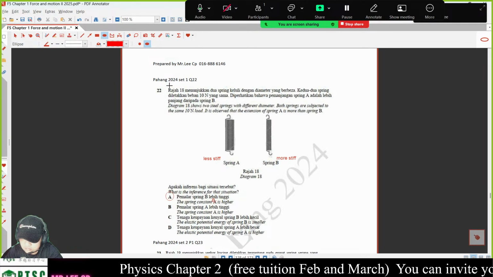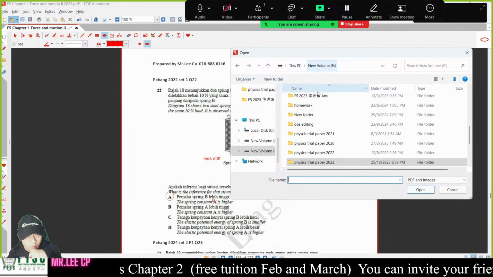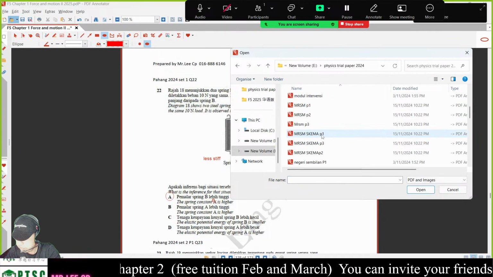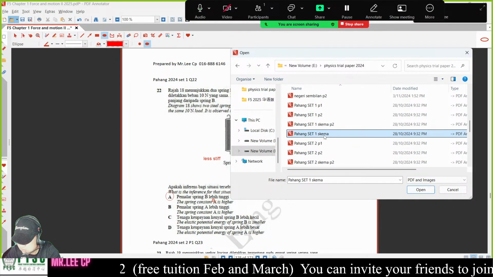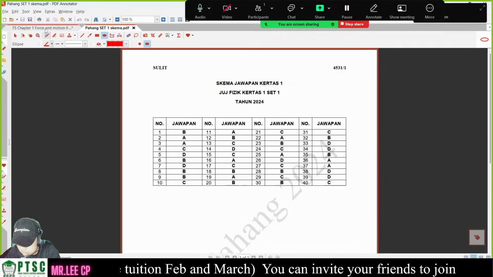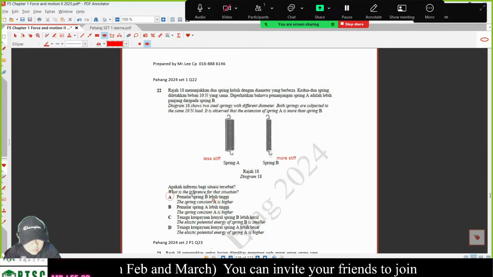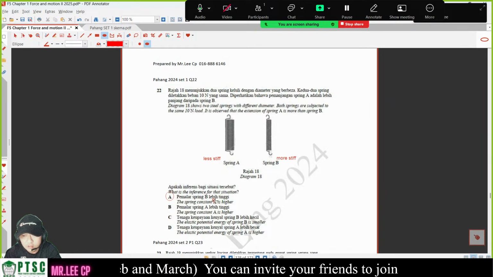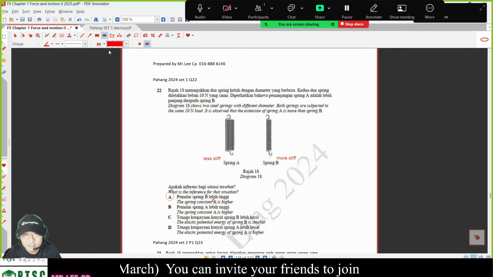So we see the answer. Right, 2024 Pahang, schema 1, number 22. 22 answer is A. Yeah, correct. They are typo. Typing error. This one should be B. Luckily, I read. If not, I'll say no answer.